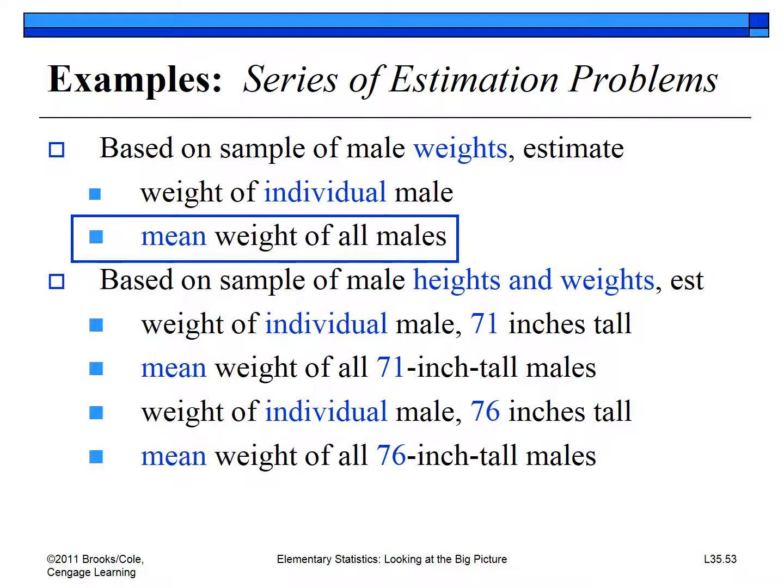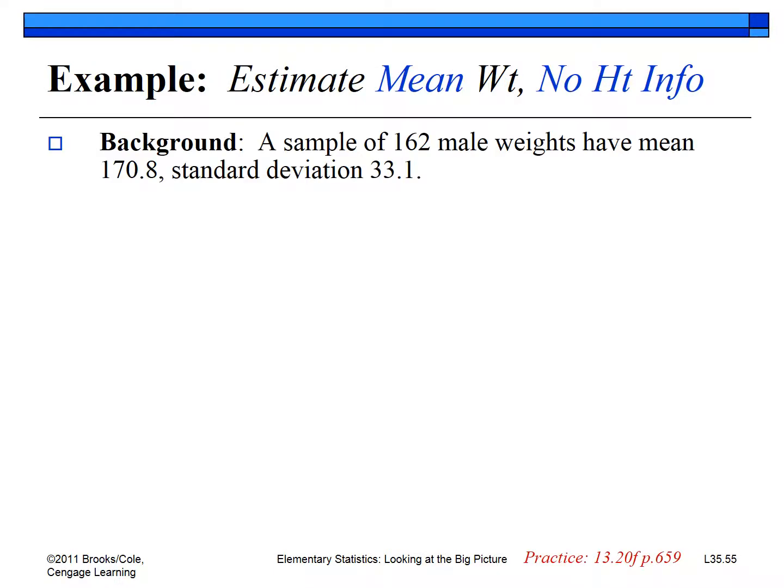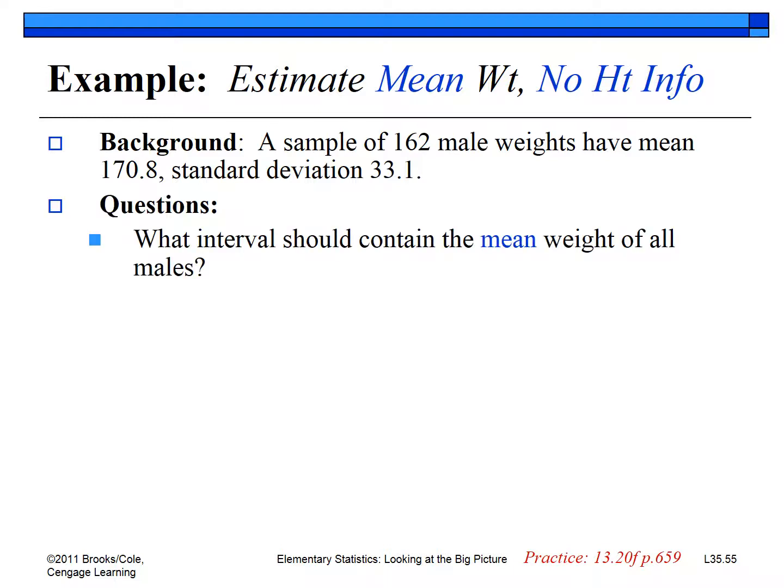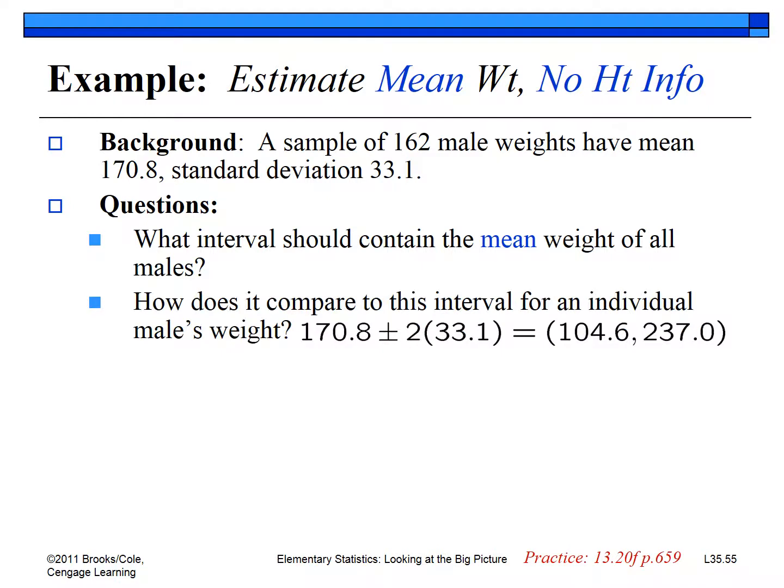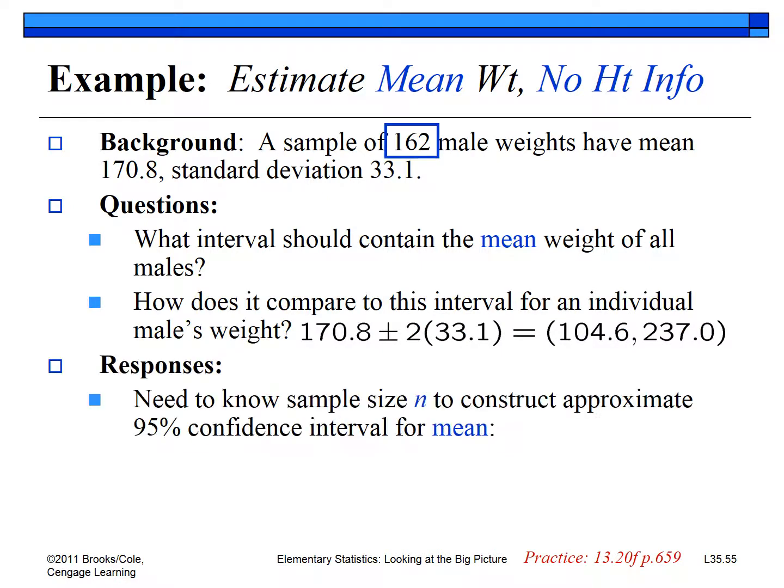For the mean weight of all males, if we have 162 in our sample with mean 170.8 and standard deviation 33.1, what interval would contain the mean weight of all males? Well, we need to know the sample size here. It's 162.